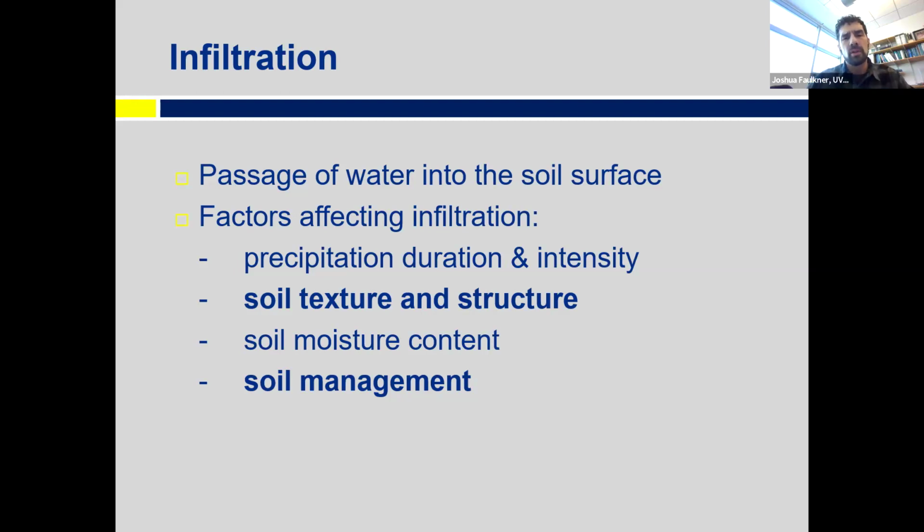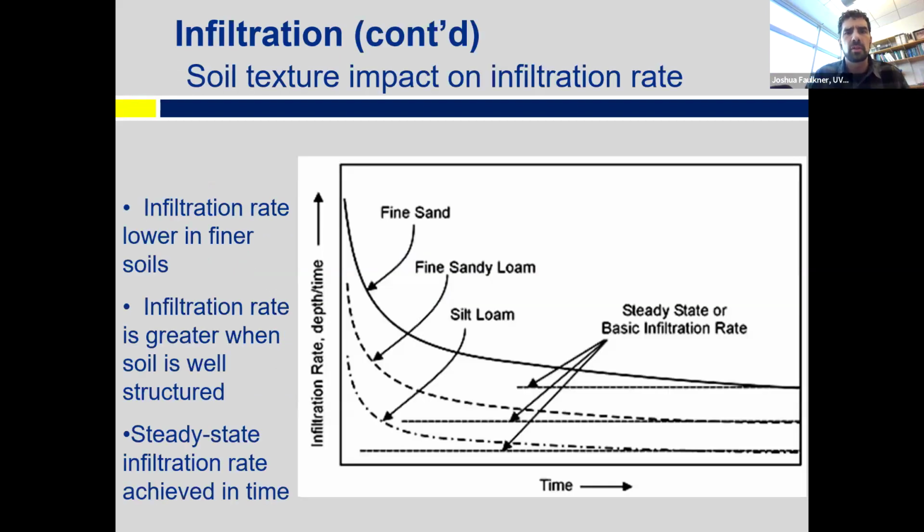Really, the ones we're going to talk about today are soil texture and structure, and then soil management. We've already addressed a little bit of the texture and structure factors. So I need to move my toolbar here. Infiltration, what's the impact of soil texture on infiltration rates?